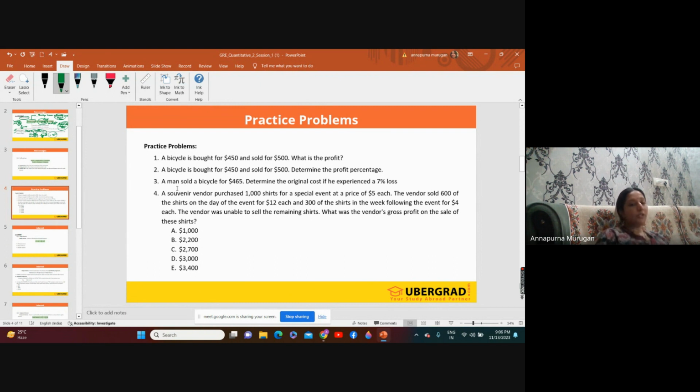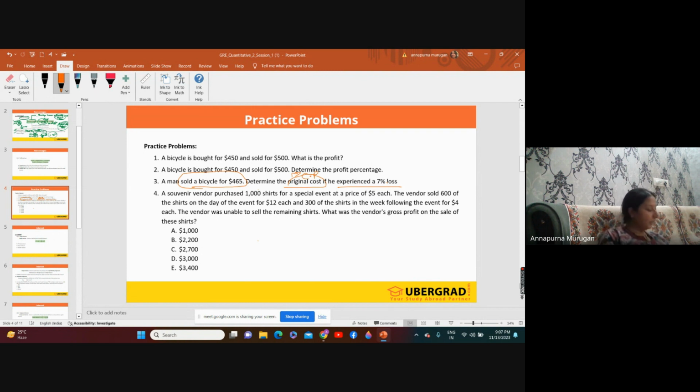See, a man sold a bicycle for 465. Determine the original cost, original cost is nothing but cost price, if he experienced a loss of 7%.